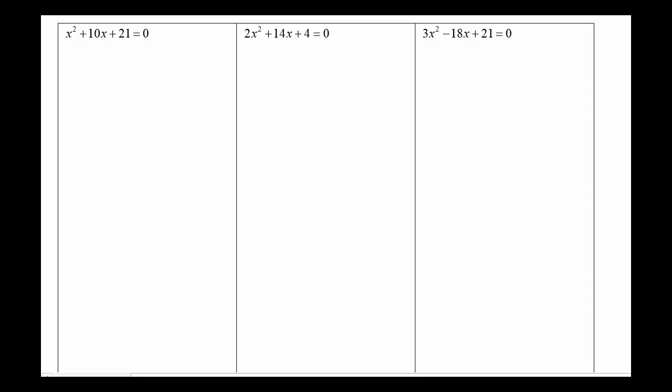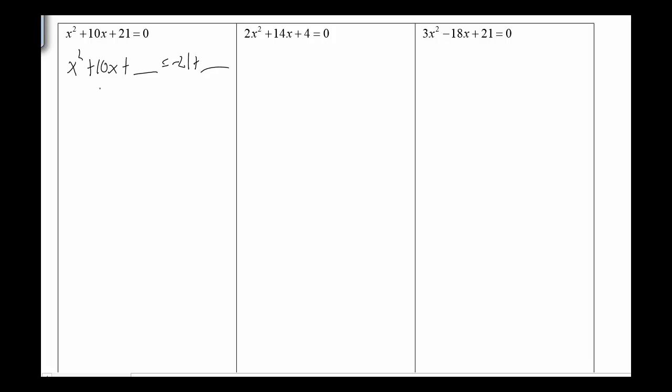So we have x squared plus 10x plus 21, and the leading term is 1. It's got an even middle term, so this thing is perfect for completing the square. So our first step is to move the 21 over. So x squared plus 10x plus blank equals negative 21 plus blank.